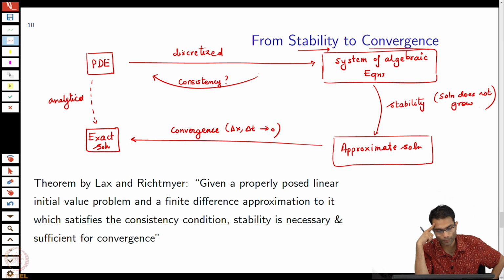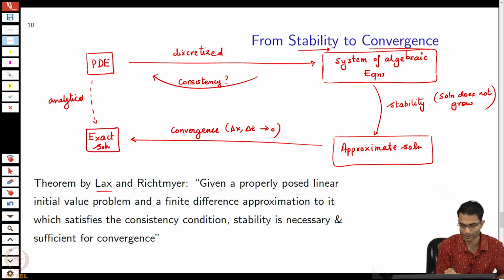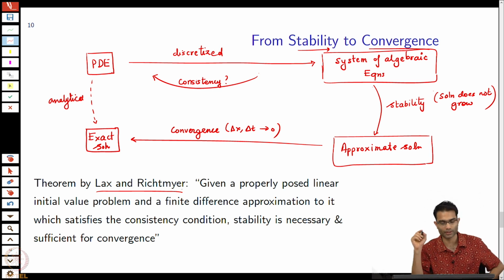Okay. So, now because convergence is hard to show, here is a theorem by Lax and Richtmyer which is very crucial in these things. So, what is it saying?